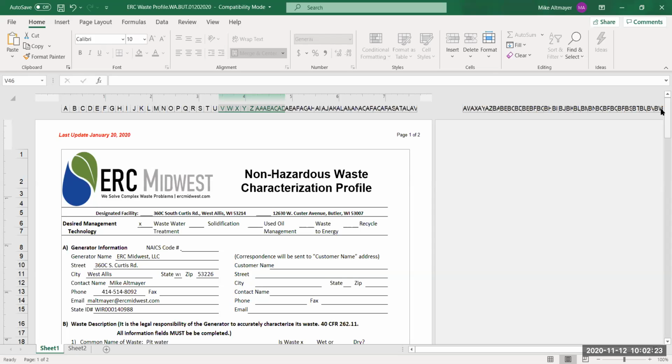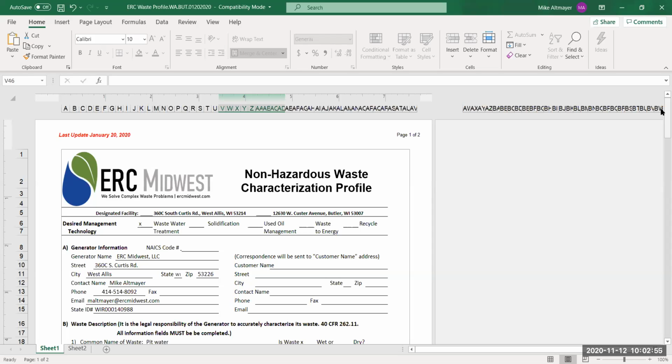He may want to know other things, like more details on how the waste was generated, or what other materials are stored at this facility that may be integrated with the process and so on. So any supporting data that you can send to Zach with the actual profile itself after it's been signed would be very helpful. That is essentially it for filling out the ERC non-hazardous waste profile.